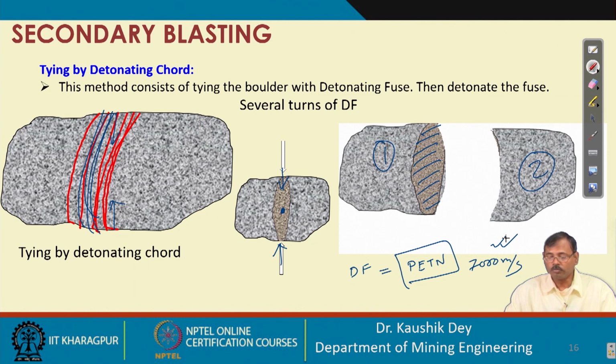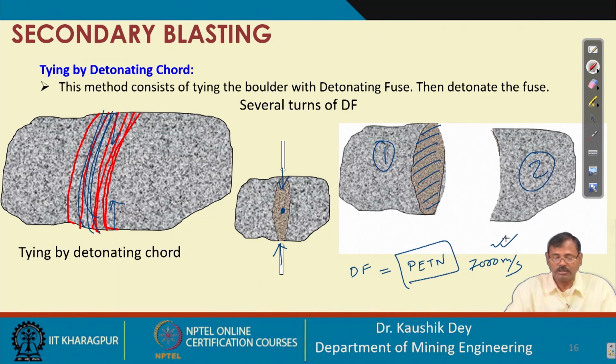In those conditions this should not be carried out, but it can be easily carried out even at very close proximity to structures. Only the noise is the problem, nothing else. You do not have any throw or shattering effect; it will only disintegrate the rock into two pieces. So, this is a very good secondary blasting technique.